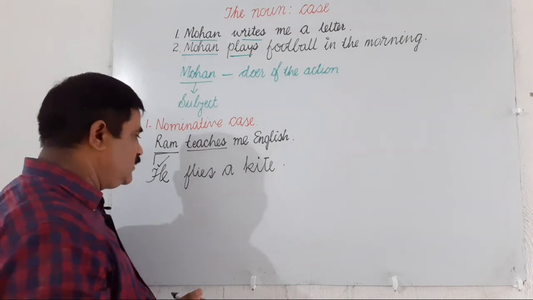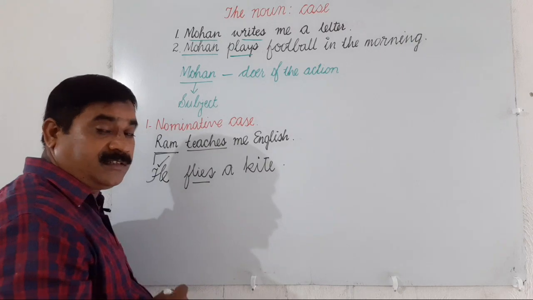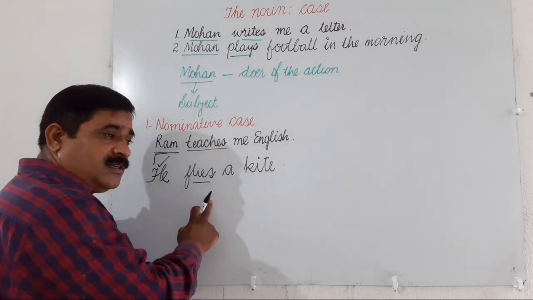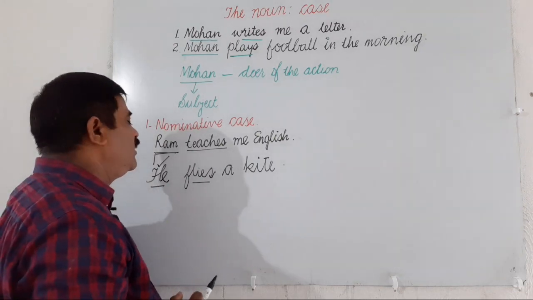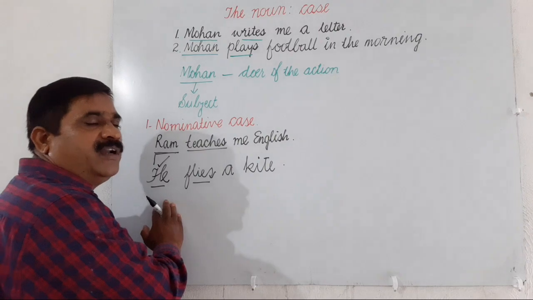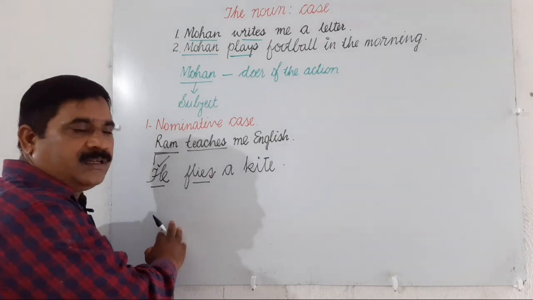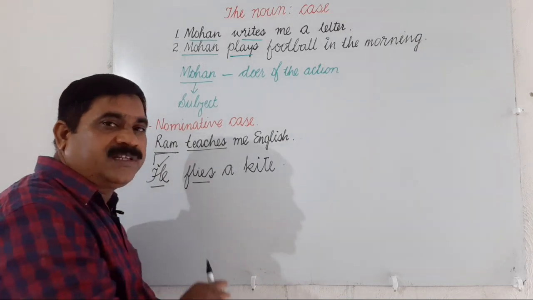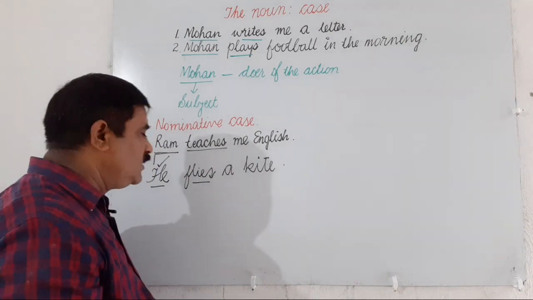Flies is the action that takes place in the sentence. Who is the doer of the action? He is the doer of action. Now he is a pronoun here. It is used for noun. So he is used as the subject of the verb flies.